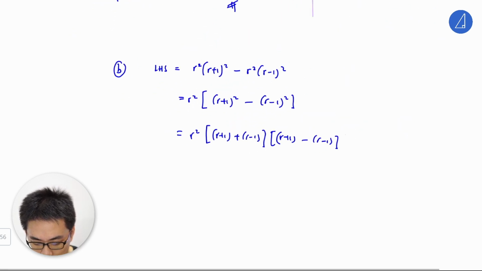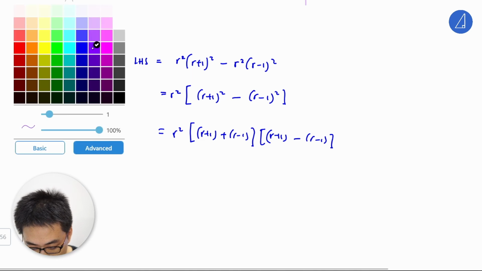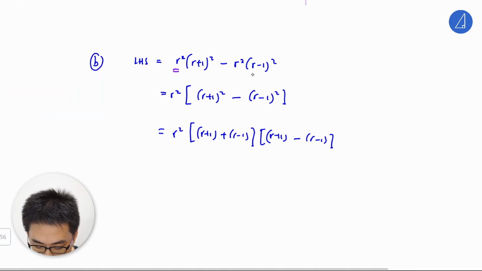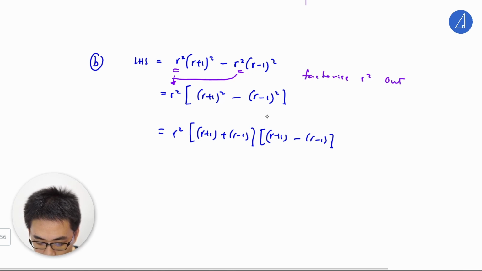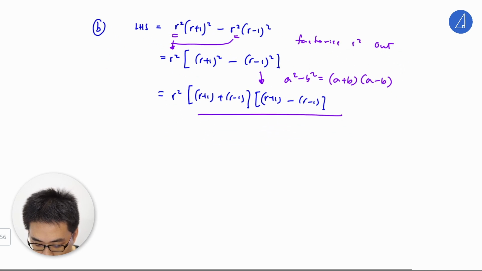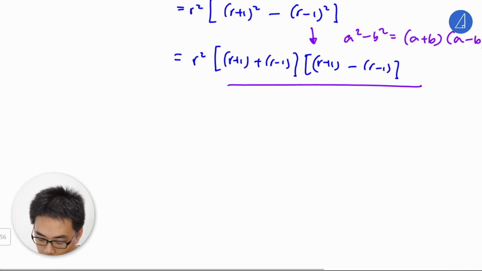Okay, so maybe I'll write this down for you. This part here. So I factorize this out. Factorize r square out. And here to here, a square minus b square. A minus b. Okay. So this is how I will do it.